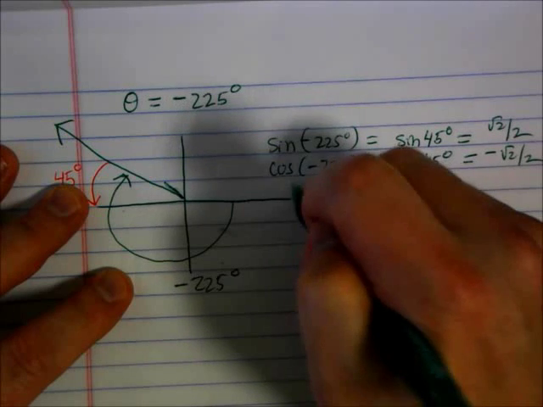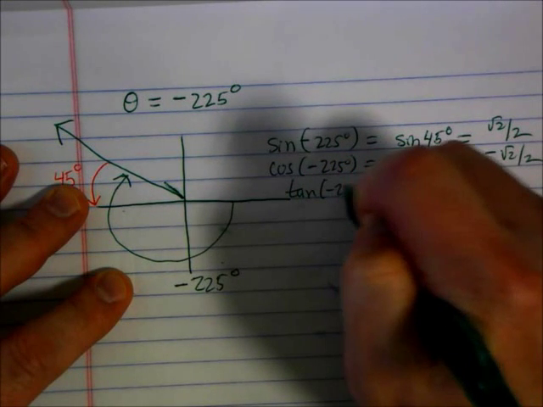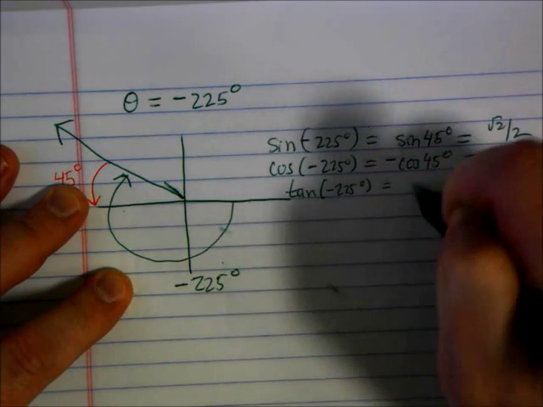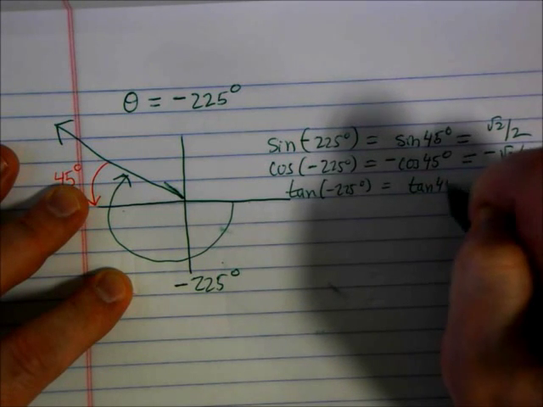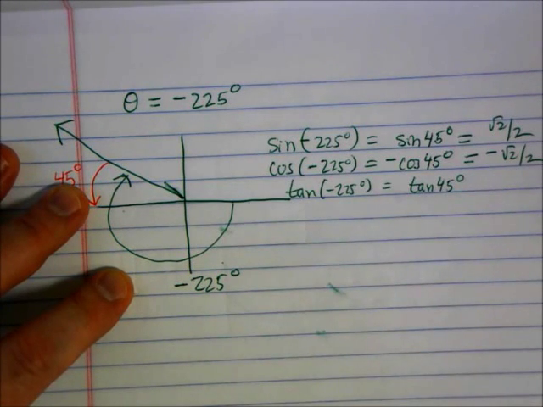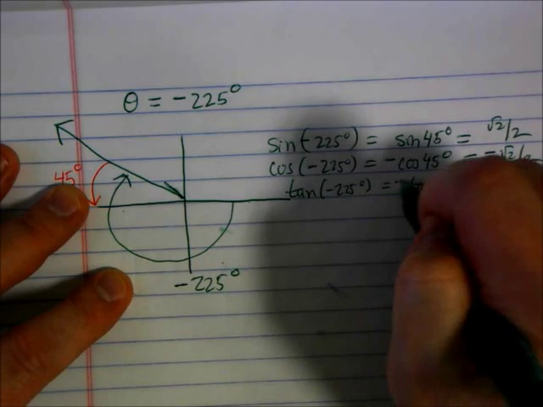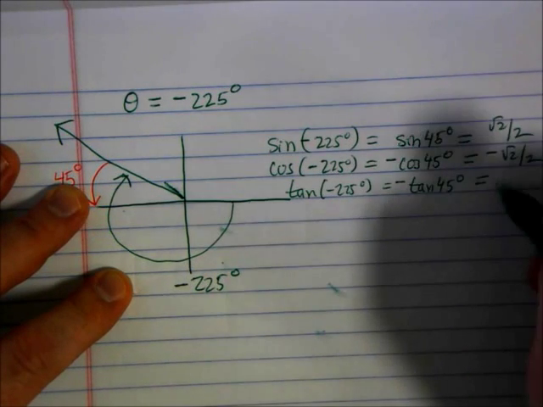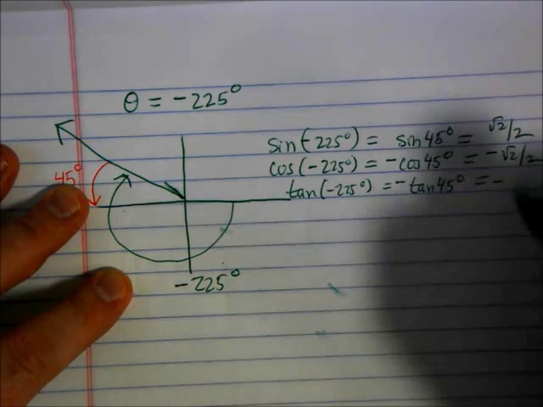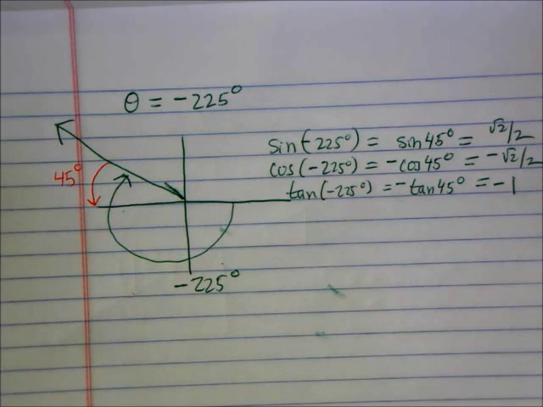And finally, tangent of negative 225 degrees is tangent of 45 degrees. Do I need a negative sign? Yes, tangent is negative in quadrant number 2. So that's negative 1. Tangent of 45 happens to be 1. Questions on that?